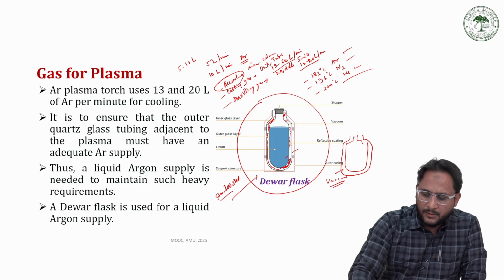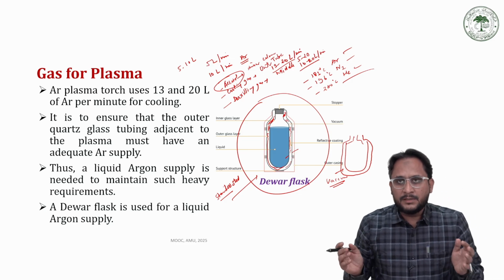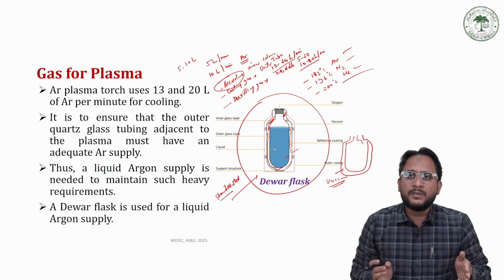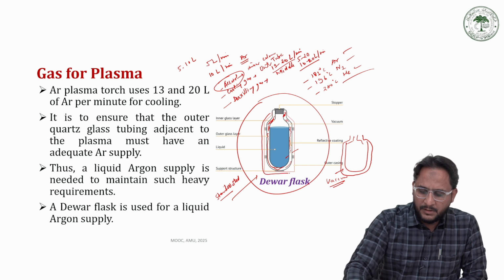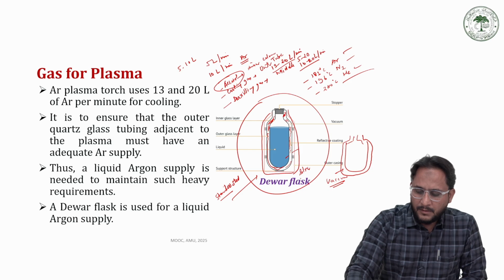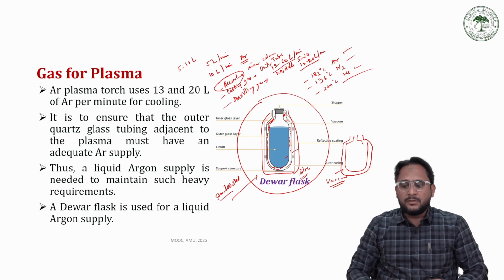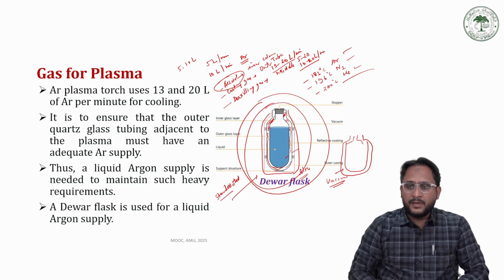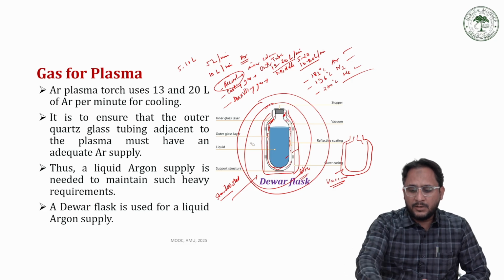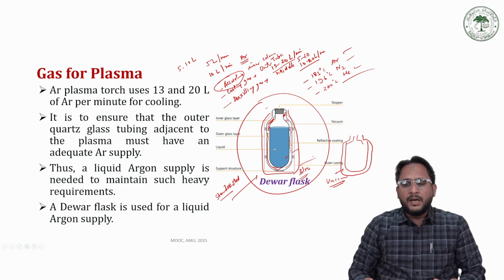Then this portion is for us to create the vacuum, and this vacuum helps us to stop the flow of heat due to conduction and convection. And then on the outer part of this stainless steel, we provide a coating of silver, which reflects all the heat, so that the flask does not absorb any heat and does not have any temperature effects, and it keeps the sample at very low temperature.